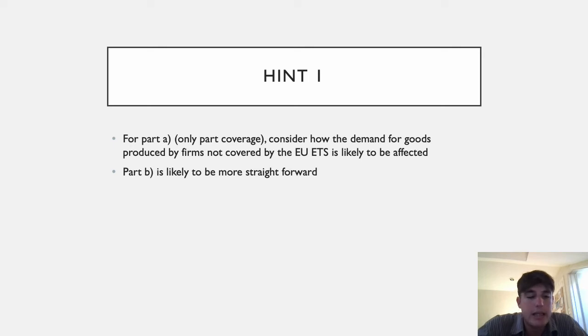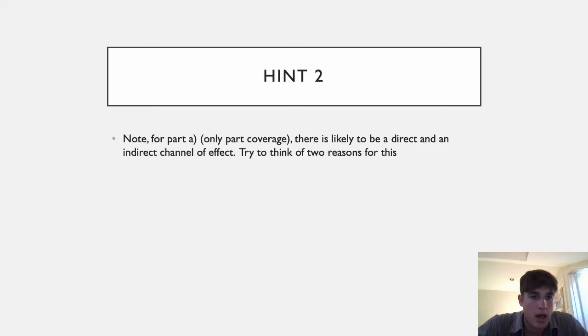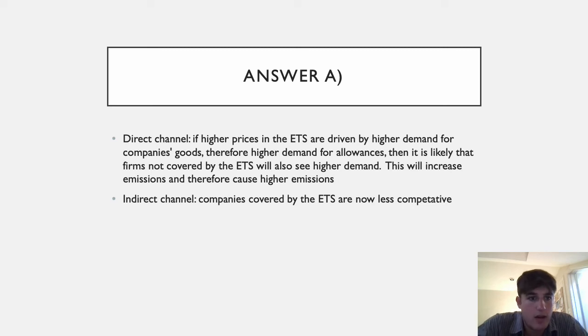Now, part B is more straightforward, so I don't think I'll do any hints for that. Note for part A, there's likely to be an indirect and a direct channel. There are 2 separate channels, so if you've just thought about one channel, try to think of a second. I think it will give a bit more depth to your answer if you can think of them both. Now we've got the answer.